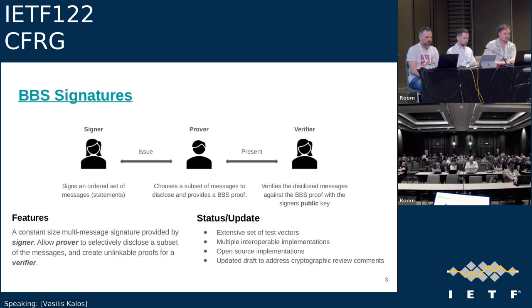The signer signs an ordered set of messages with a single, constant size signature, and then the prover can create what we call presentations, which are essentially proofs of possession of the signature while selectively disclosing any subset of the messages they want. And everything in a zero-knowledge manner. It's what we call unlinkability in some places in the drafts.